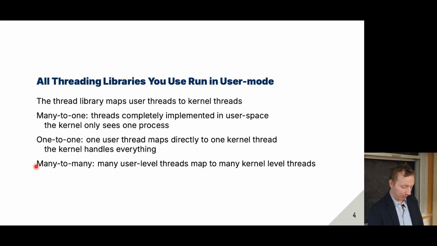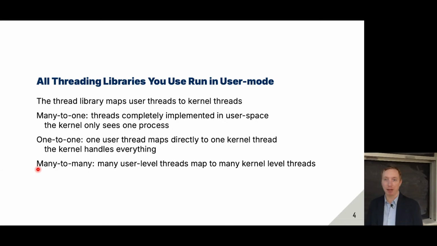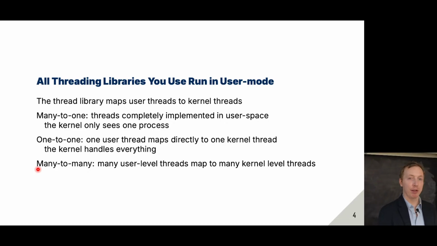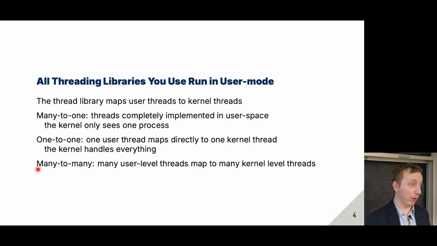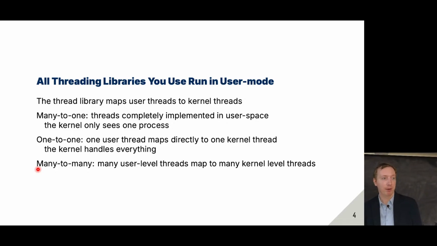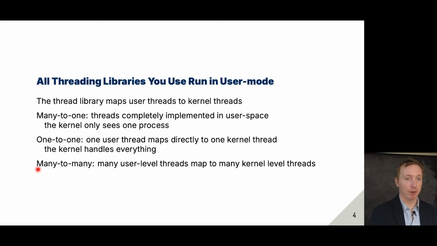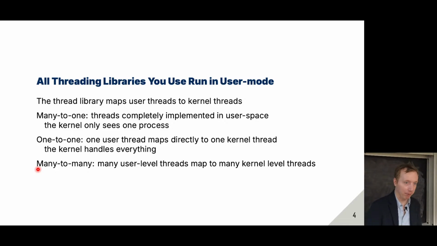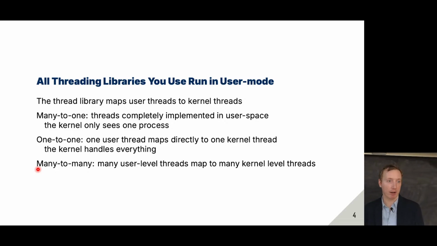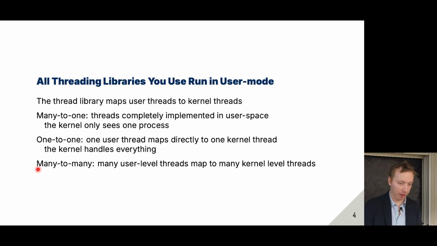There's also a different, kind of hybrid approach that's many-to-many. So many user-level threads can map to many kernel-level threads. Typically you try to do this to get the best of both worlds. If creating kernel threads is expensive, maybe I create as many kernel threads as I need to match the number of CPU cores I have, and after that I create user threads on top of that and switch between them.